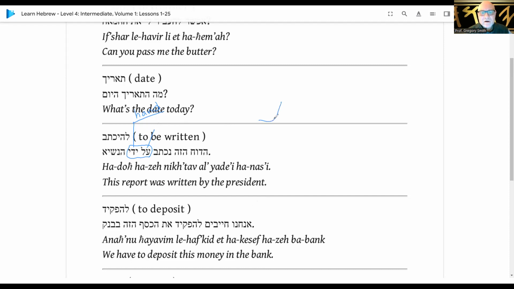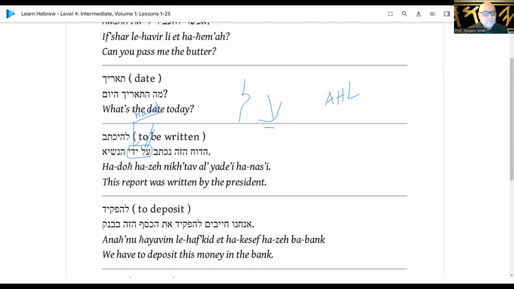This word here, this al word, and notice it's got a patach under it. So it's like al. And look at all of these variations depending on the context. So in this case, it's by. And I think that yadai is yedei, okay. That's what it is.